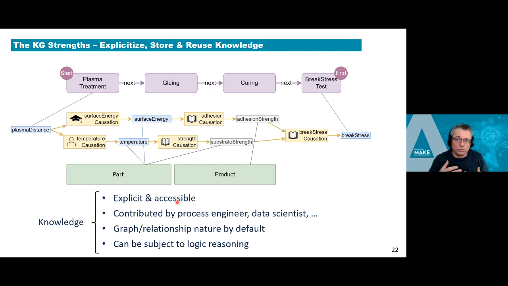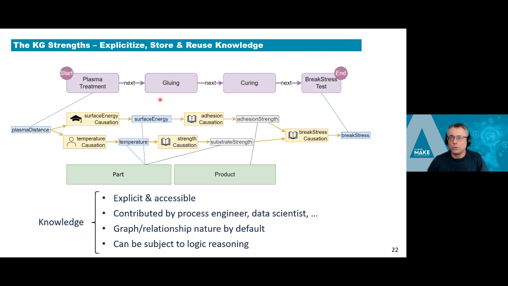And certainly to a data scientist who can then see, okay, this is a potential link here. Let me investigate this further, or let me investigate other additional influential properties. It can be contributed by process engineers or data scientists, and like you see here, it has a graph or relationship nature by default. And that's what I showed also halfway through the presentation. It can be subject to logical reasoning.